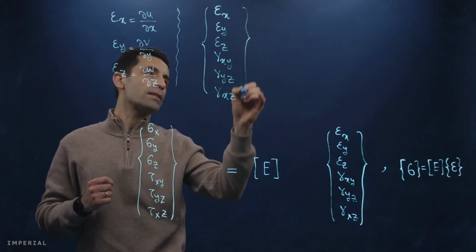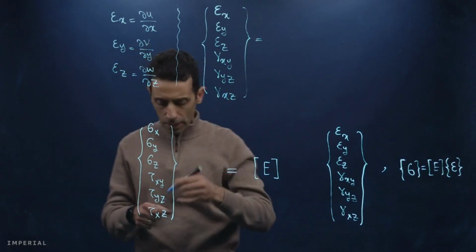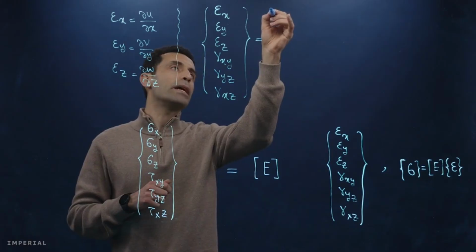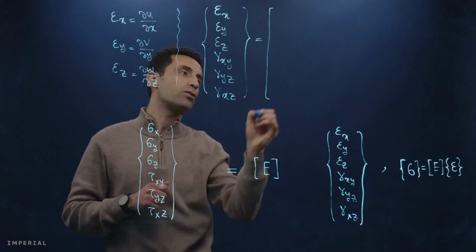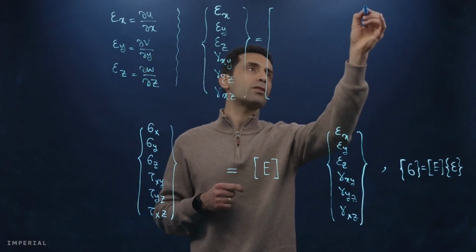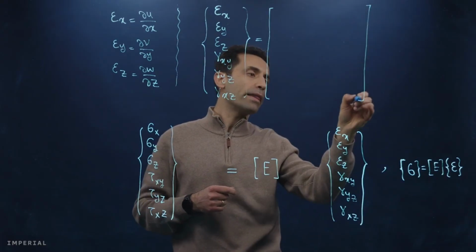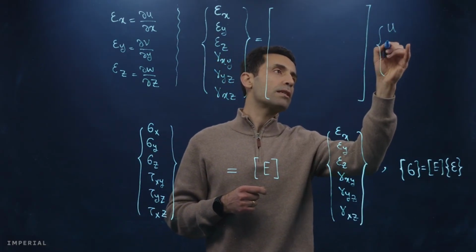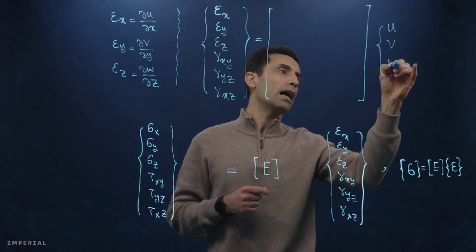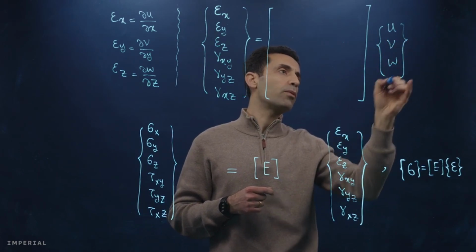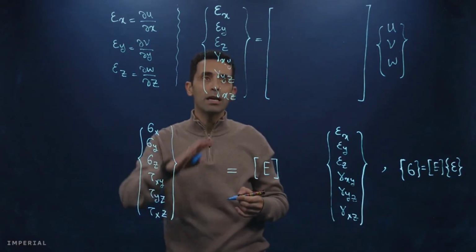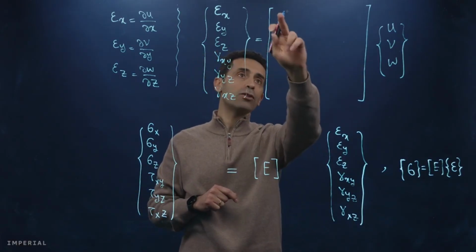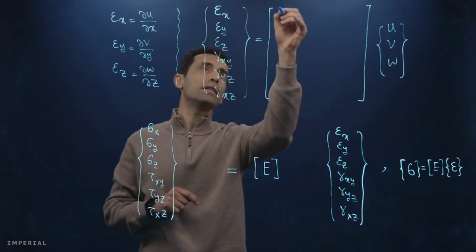So I'm going to write this in a matrix format. Here I have a matrix that includes all the derivatives that I just mentioned, and then I have another vector here, which is the vector of displacement, so u, v, and w, displacement of every point in x, y, and z direction.